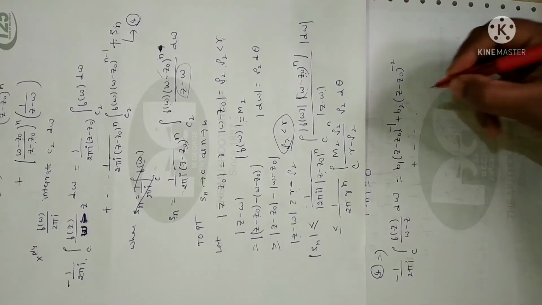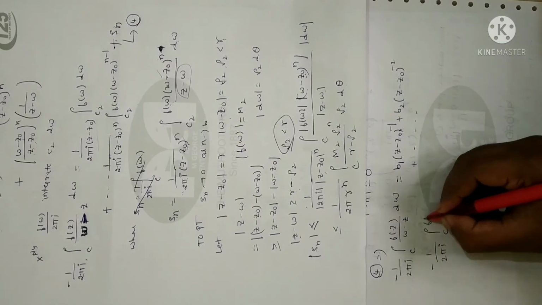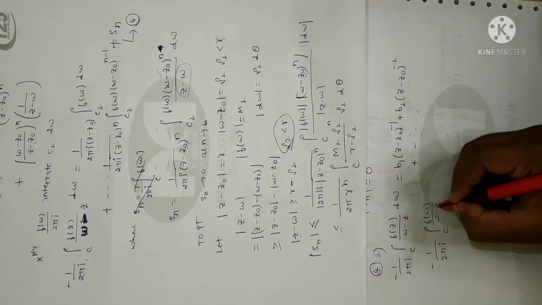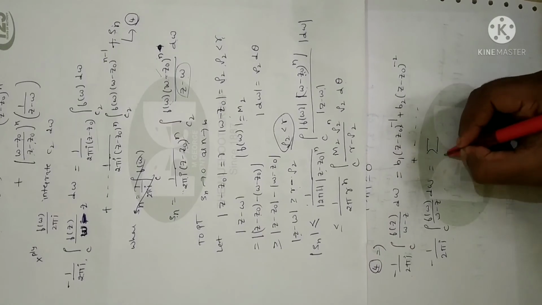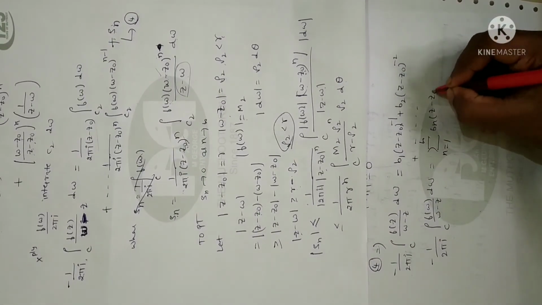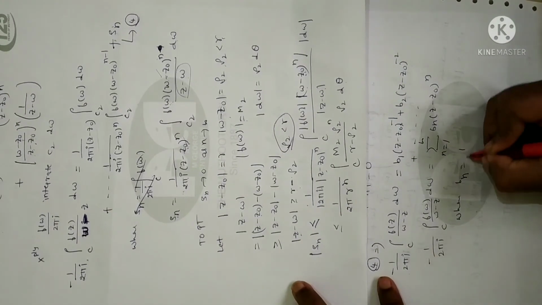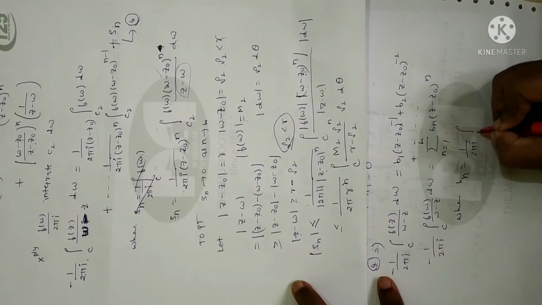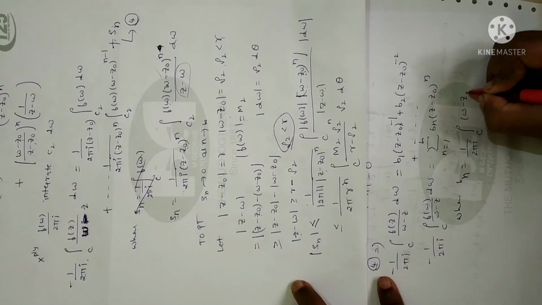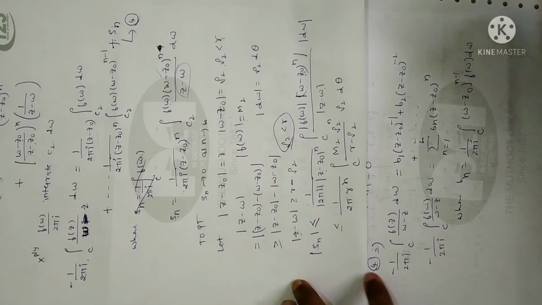Plus so on. Meaning, I can write this expansion in summation form: n is equal to 1 to infinity, bn into (Z minus Z naught) to the power of minus n, where bn is equal to 1 divided by 2 pi i into the integral over C of (W minus Z naught) to the power of n minus 1 into F of W dW.